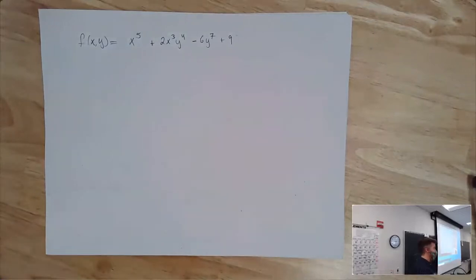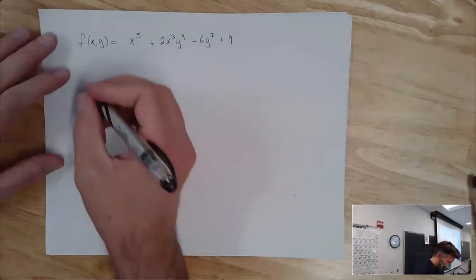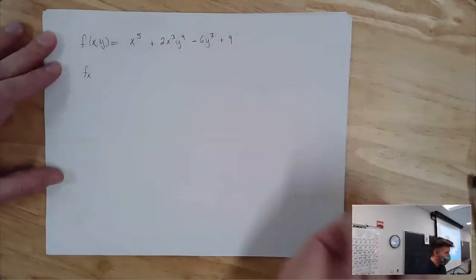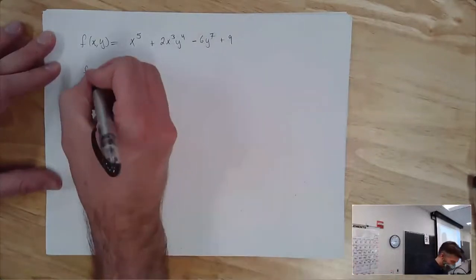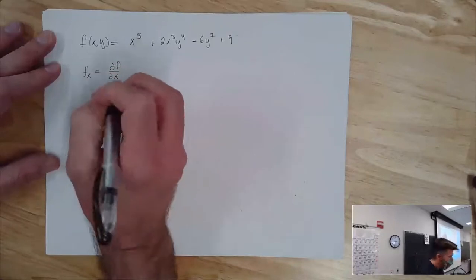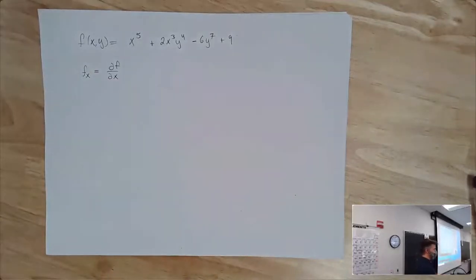The first one, I'm going to find the partial with respect to x. You can either write it as f sub x, which is one notation, or you can write it as del f del x. It's not a d, it's a little bit curlier d, which is called a del. Not the same.